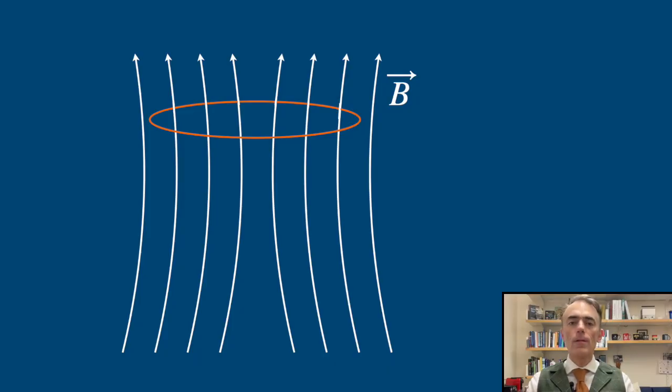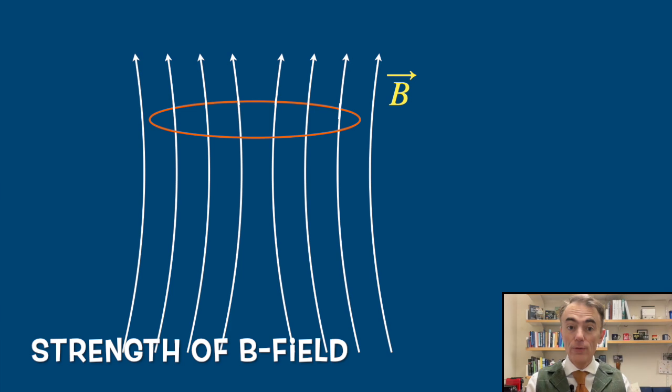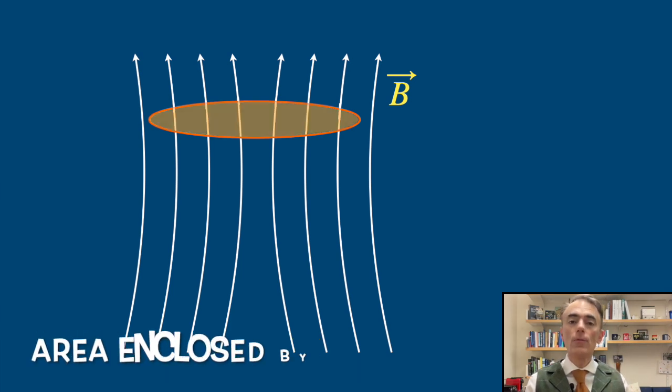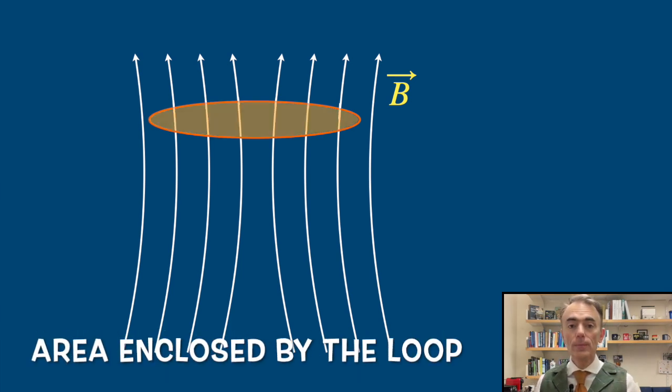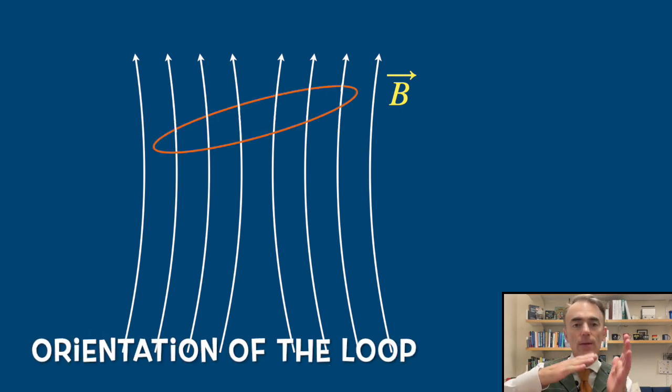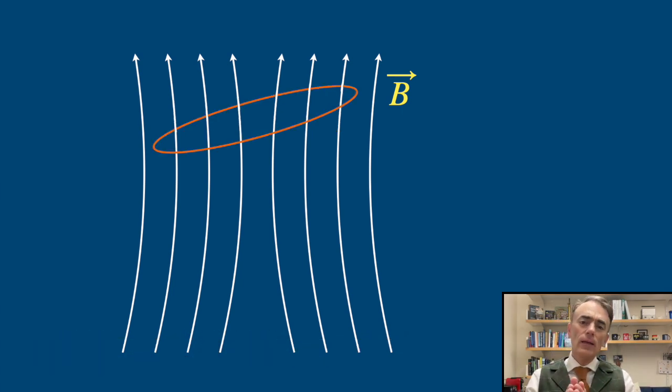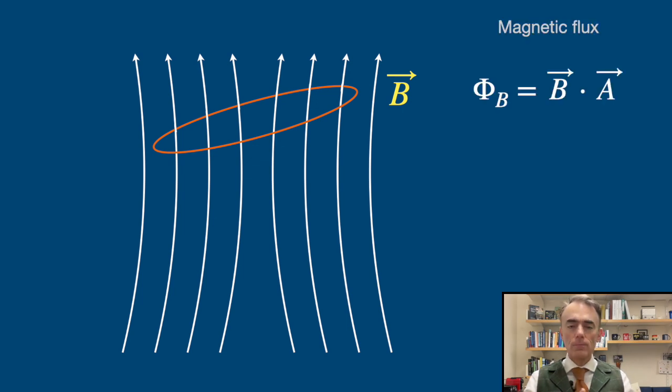Imagine a magnetic field represented by lines passing through a loop of wire. The amount of magnetic field passing through the loop depends on the strength of the magnetic field, the area of the loop, and the angle between the field lines and the loop. Mathematically, magnetic flux phi is given by phi equals the dot product between the magnetic field and the area vector.